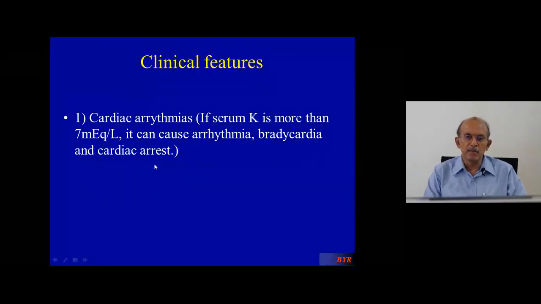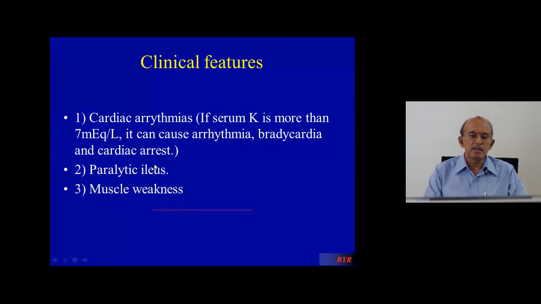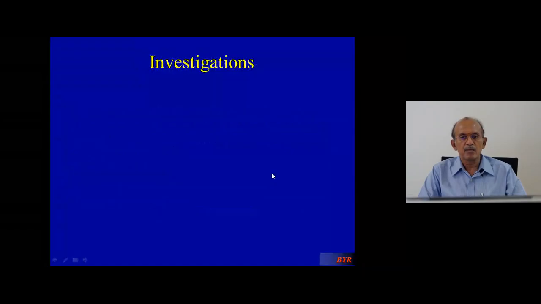Clinical features of hyperkalemia: cardiac arrhythmias. If potassium is more than 7 milliequivalents per liter, it can cause arrhythmia, bradycardia, and cardiac arrest. Paralytic ileus and muscle weakness are the same in both hypokalemia and hyperkalemia. That means smooth muscle and skeletal muscle weakness is there.